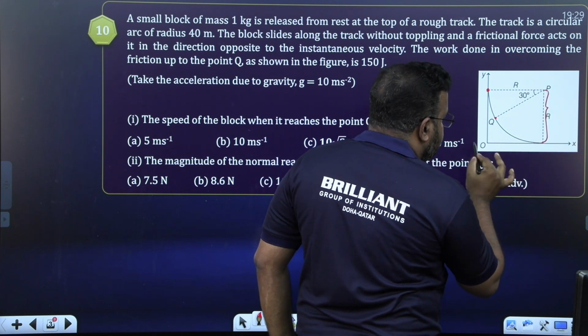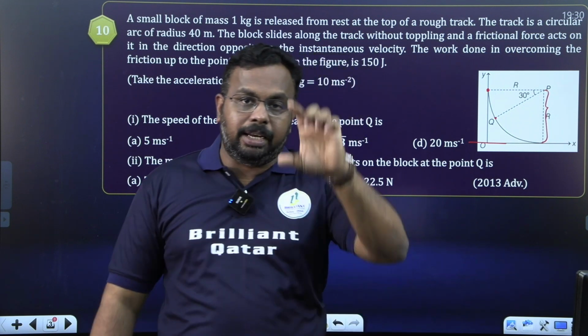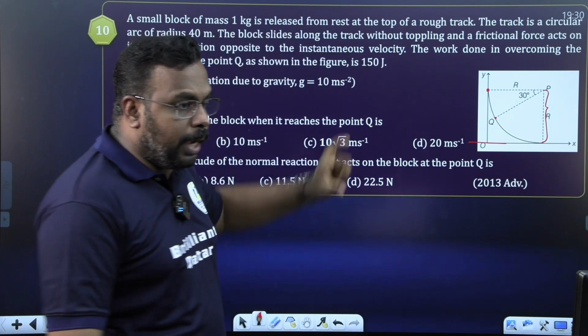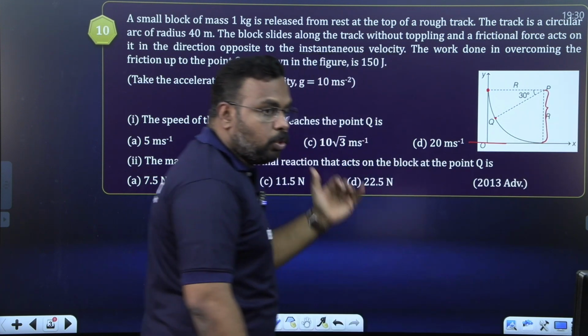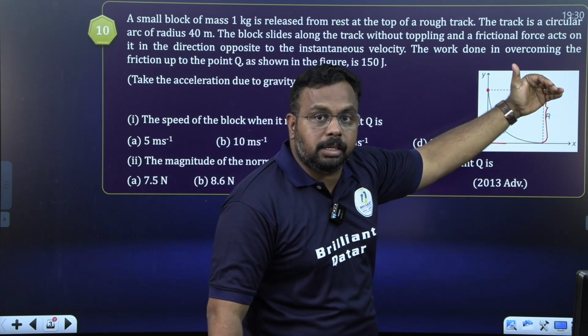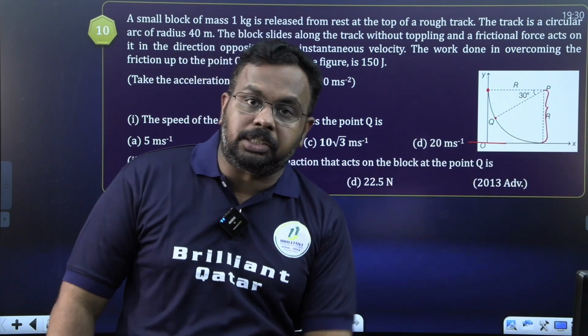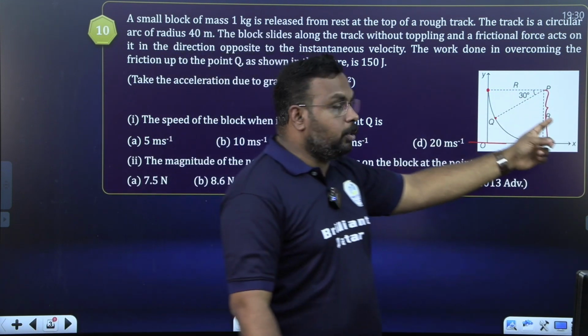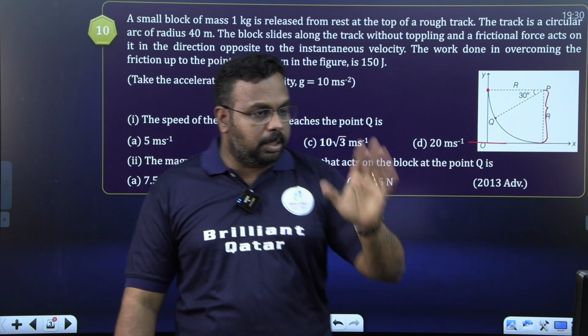So if you are taking this as a base level, initially the body is at a height R from the ground. So at that time the body will possess only which energy? Potential energy. And you know the formula for potential energy at a height h, it is mgh, but here the height is equal to R. So what is the initial energy of the body? It is mgR. Is that okay or not?